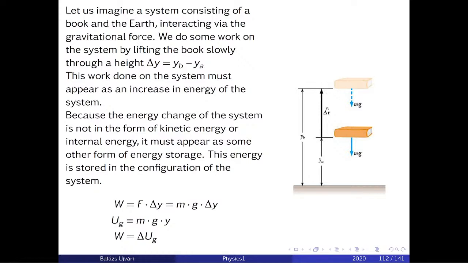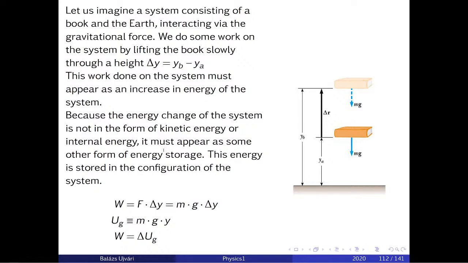When it falls down, this delta r will go downward. So when the book falls down, the work has to be positive, because if the work is positive, the energy transfer is positive. That means the energy of the body has to be increased. And in this case, we know the book increases its speed.